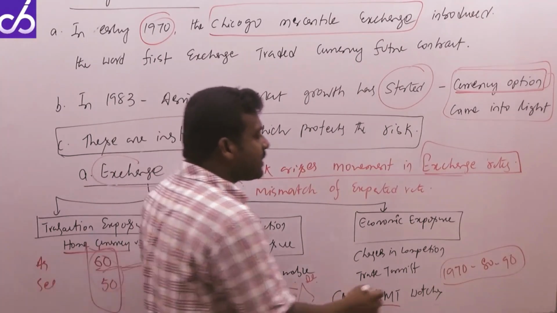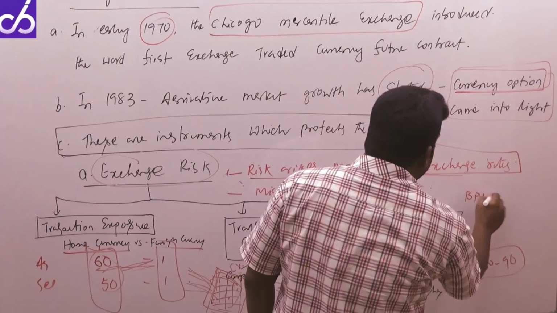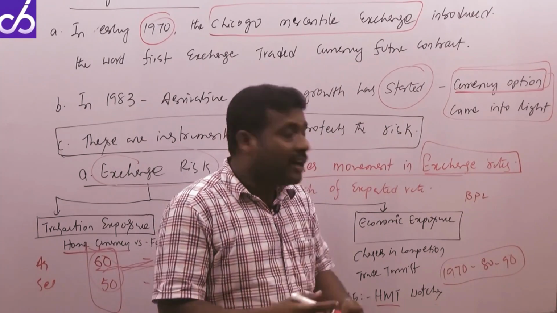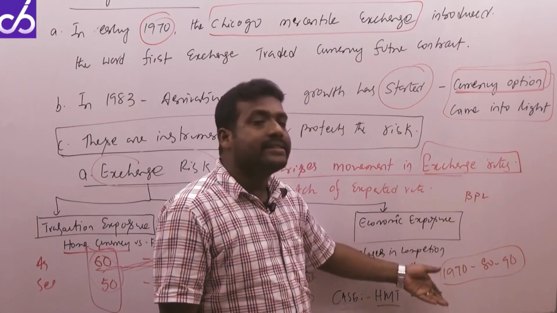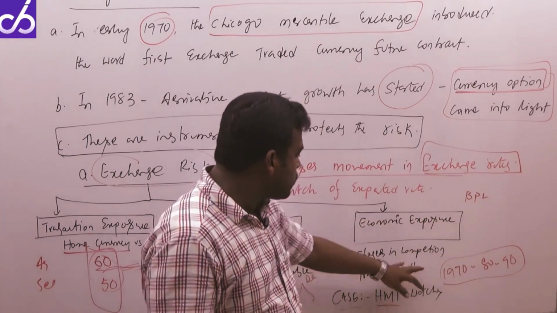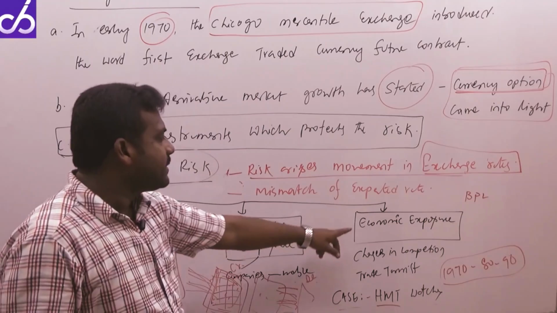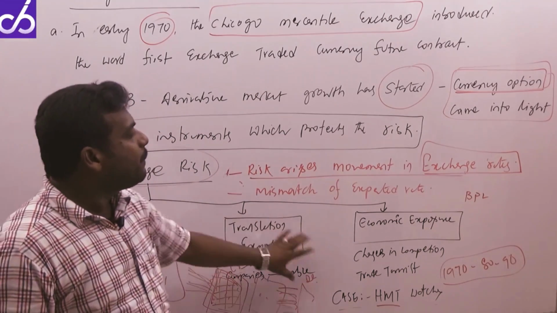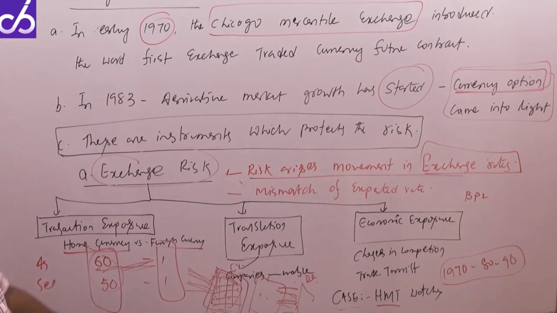And one more case study, the BPL TVs. Once the BPL TVs were very popular, but thereafter what happened? BPL lost its demand. So because of this also, a risk may arise. Such a risk is called economic exposure risk. So these types of risks, and exchange risk, are systematically eliminated while learning derivatives.